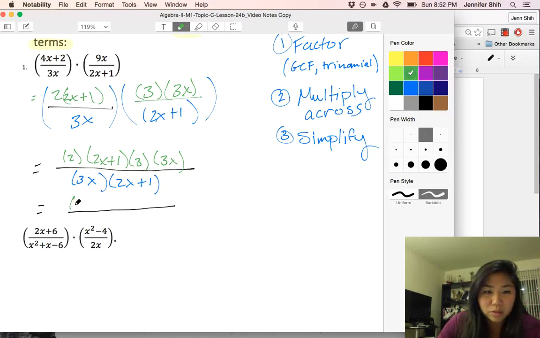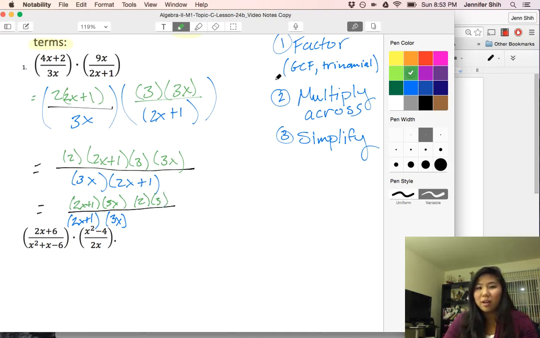So I have 2x plus 1 over here, and I'm going to write 2x plus 1 right beneath it. Then I'm going to write 3x, and then I'm going to write my 3x right beneath it. Then all my other factors that I still need to write, 2 and 3, I'm just going to write on the other side because it makes it a lot easier to do this. A 1 and a 1, and I'm left with 2 times 3, which is just 6.